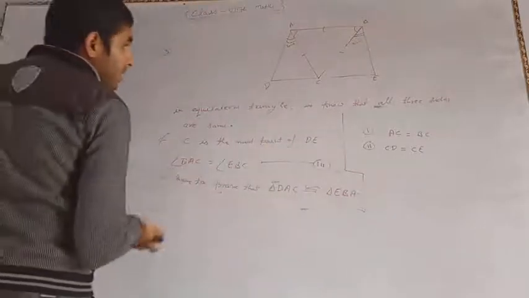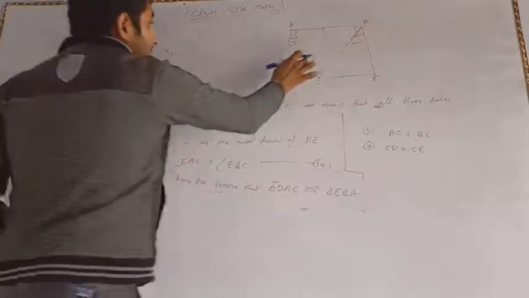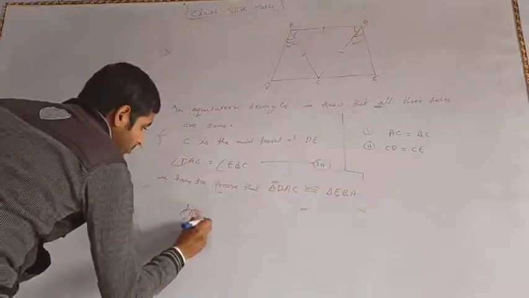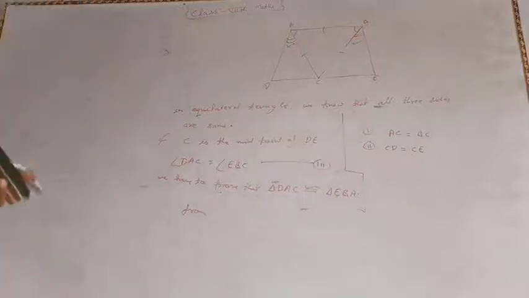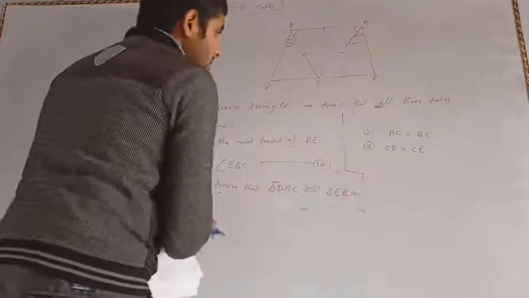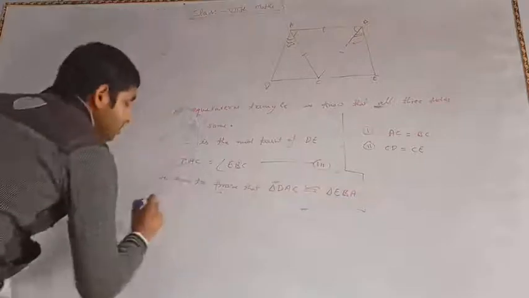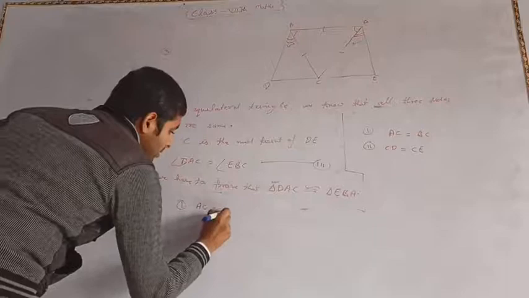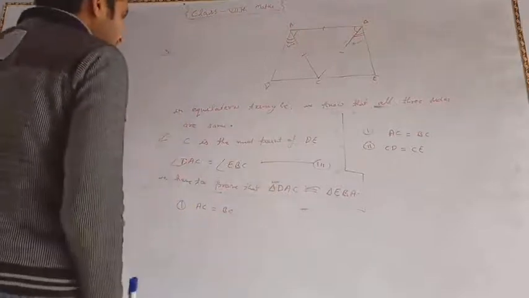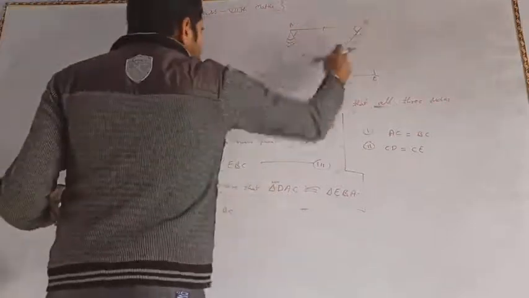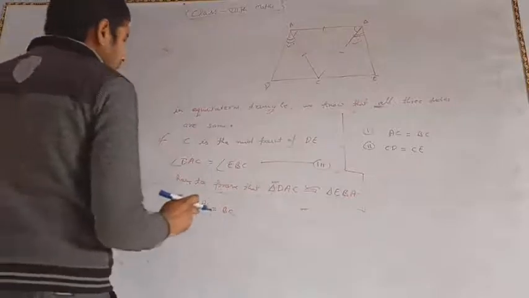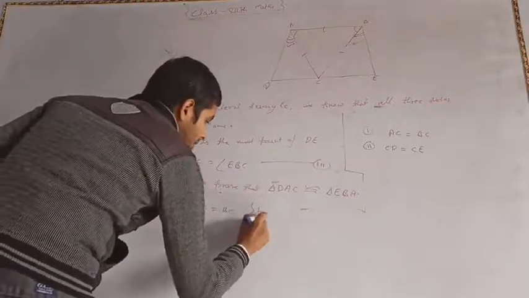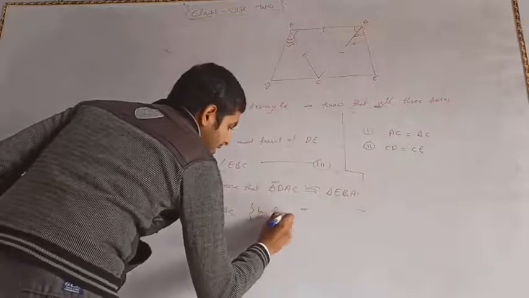So from here we can say this triangle is congruent to this triangle. You have to write this here. First condition, AC is equal to BC, by property of equilateral triangle.